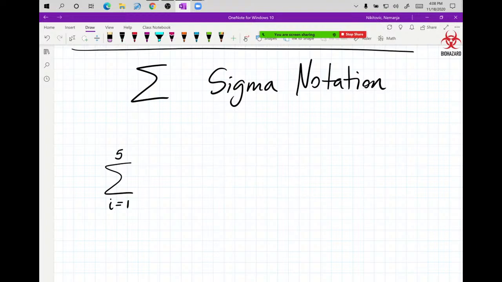So if I have just 6, that means add 6 5 times. So 6 when i is 1, then i becomes 2, add another 6, then i becomes 3, add another 6, i becomes 4, add another 6, and i becomes 5, add another 6. So the total is 30.